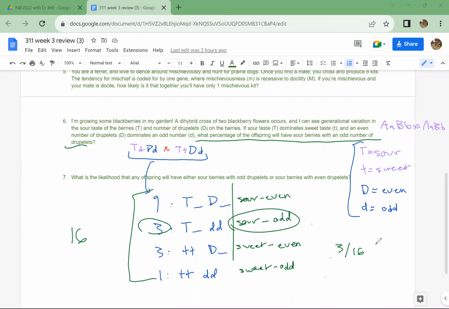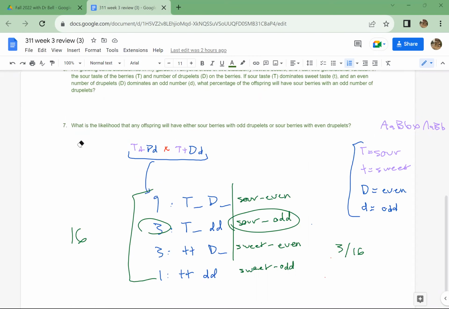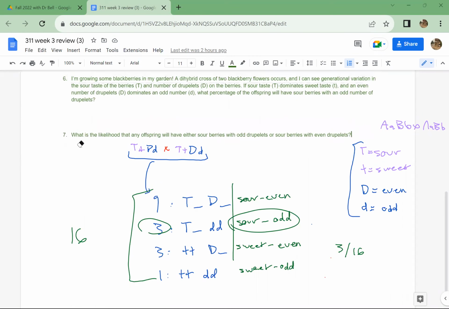So moving on to question 7, we're going to make it a bit more involved. Okay, what is the likelihood that any of the offspring will have either sour berries with odd druplets or sour berries with even druplets? So let's keep this in mind.